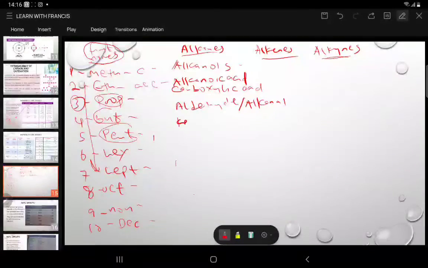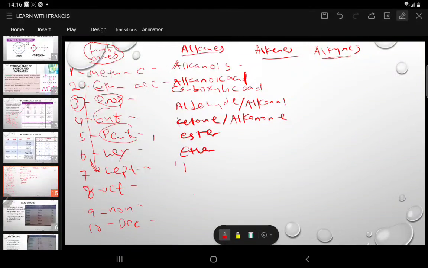We have ketone or alkanone. We have ester. These are the ones that have a very sweet fragrance. They are normally used in making flavors and perfumes. We have ether. We have haloalkane. These are all different families. Am I forgetting any one of them? Okay, so we have amides. We have amine. This ester can also be called alkanoate.